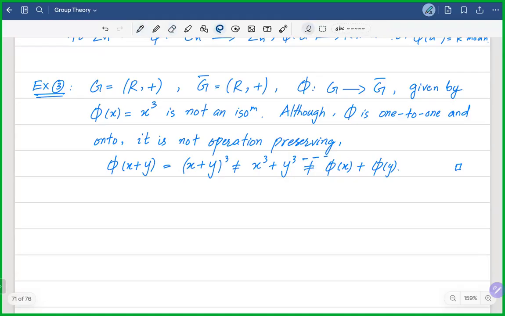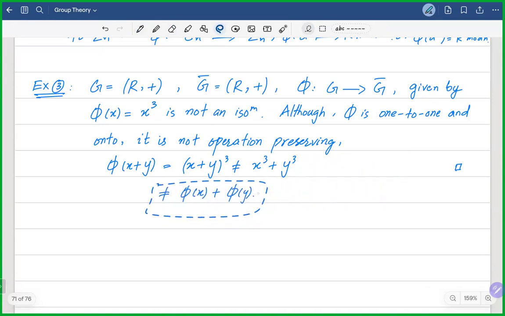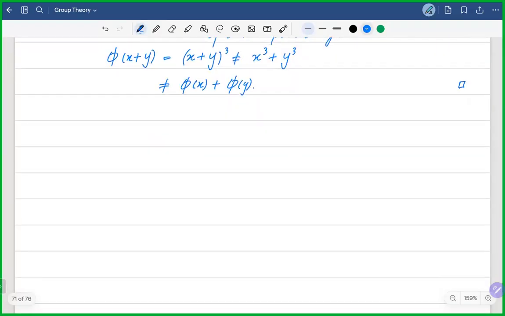Number 4 can be that let's take U of 10 is isomorphic to Z4, and U of 5 is also isomorphic to Z4. Now, to verify this, one need only observe that both U of 10 and U of 5 are cyclic of order 4, and then we can apply example 2.